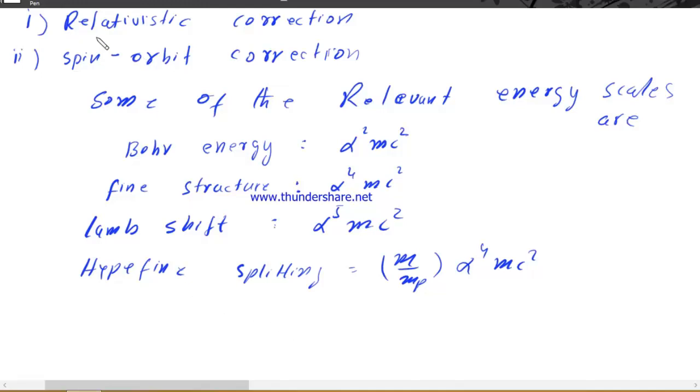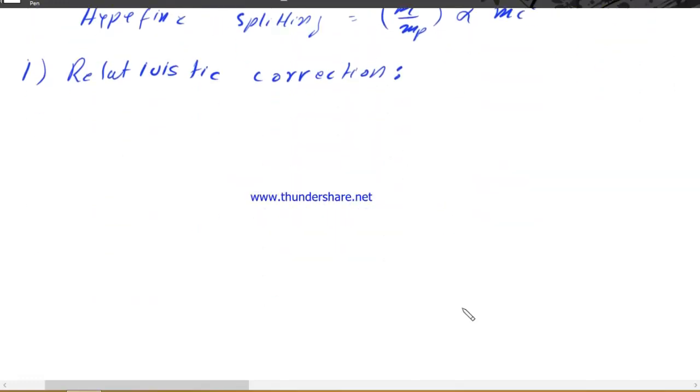Now we discuss the relativistic correction, which is a term of the fine structure. The Hamiltonian is equal to minus ħ² divided by 2m ∇² minus e² divided by 4πε₀ and 1 over r.